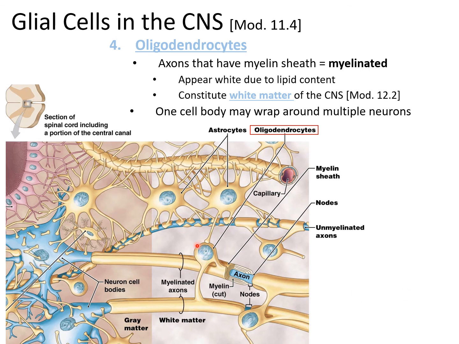Looking down here, here is one oligodendrocyte cell body, and we can see multiple little appendages wrapping around multiple axons simultaneously. Again, different from Schwann cells, which can myelinate only one axon at a time. The abundance of myelin, or this lipid insulating substance, is what gives white matter its white appearance. And you can see this white versus gray matter with the naked eye.